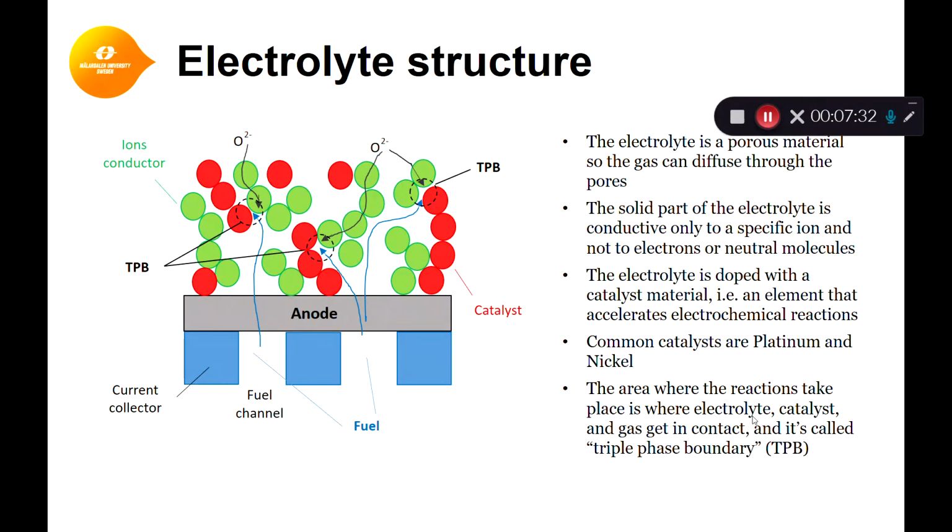The catalyst is an element that doesn't take part in the reaction, but it accelerates it. So the surface where catalyst, electrolyte material, and the pore, they are all three in contact, is where the reaction can take place, because the fuel can meet the oxygen ion in the presence of the catalyst.